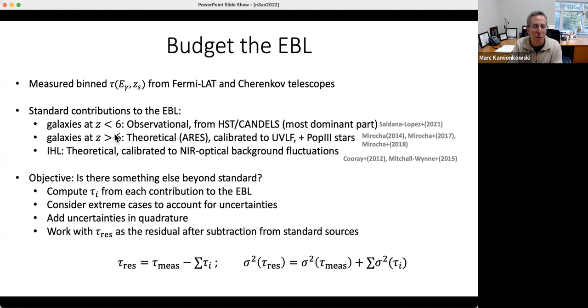We also infer the contribution to the optical background from galaxies at redshift greater than 6. So this involves some theoretical modeling calibrated to high redshift galaxy information. And then we tried to see whether the optical depth that we infer from the known astrophysical sources agrees with what Fermi saw.